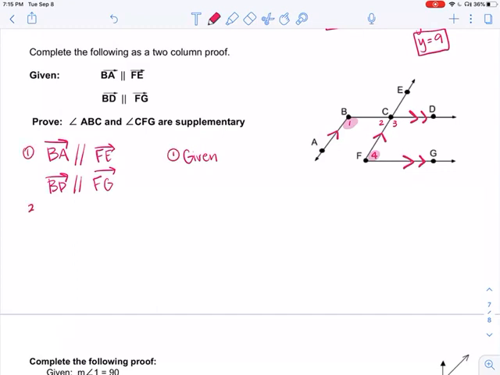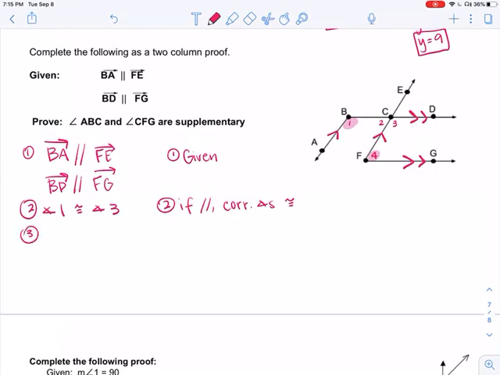Step 2, I'm going to go ahead and use angles 1 and 3. You can name them ABC and FCD if you want to, but you can also number them. So angle 1 is congruent to angle 3 because if parallel, corresponding angles are congruent.